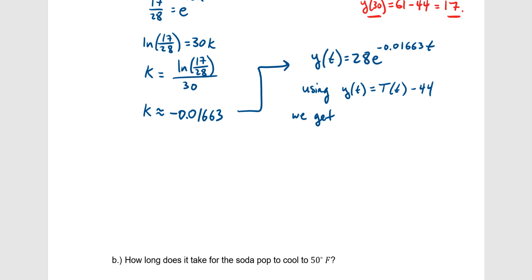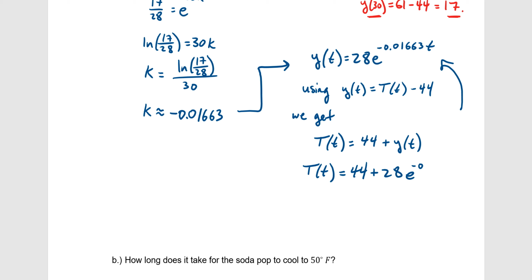Using Y of t equals T minus 44, if we solve this for T, we get T equals 44 plus Y of t. Let's plug in the function Y of t, which is right up here above, 28 e to the negative 0.01663t. And now we can finally answer our question.